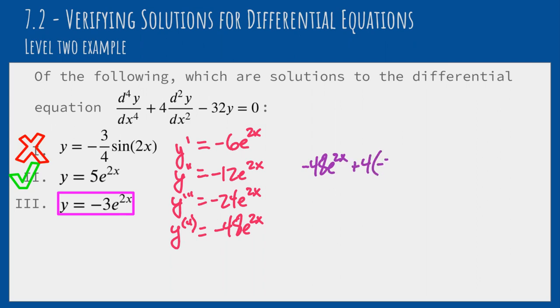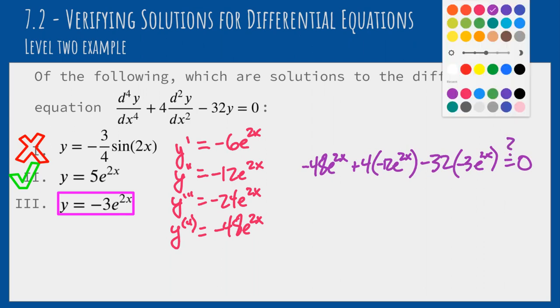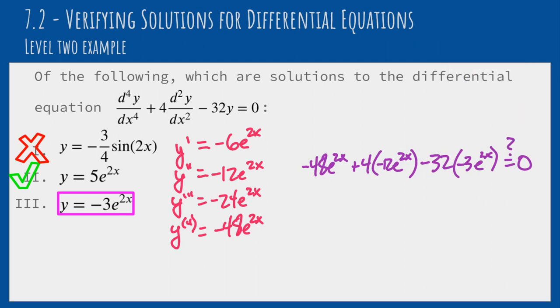So plugging into the differential equation, we're going to have negative 48 e to the 2x plus 4 times negative 12 e to the 2x minus 32 times negative 3 e to the 2x is equal to 0. Again, we don't know that it's equal, so I'm going to put a question mark there. So I'm going to put the e to the 2x out front.